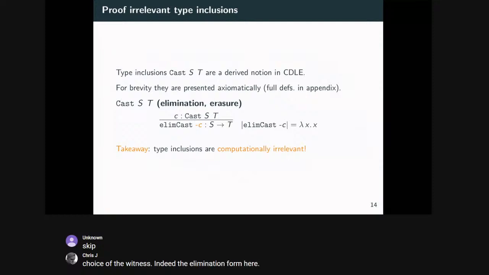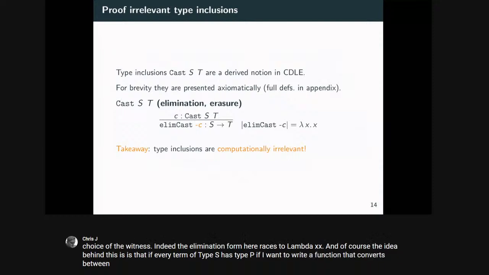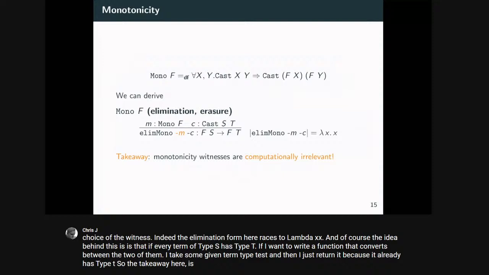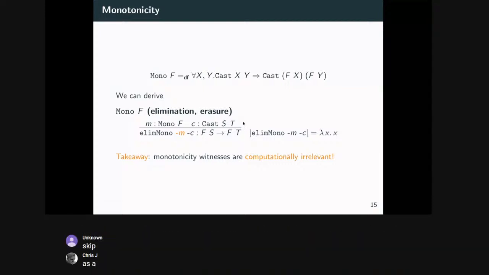And of course, the idea behind this is that if every term of type S has type T, and I want to write a function that converts between the two of them, I take some given term of type S, and then I just return it because it already has type T. So the takeaway here is that type inclusions are computationally irrelevant. Then we can define monotonicity, again, as a lifting of type inclusions over type schemes and get this derived elimination form and its erasure.